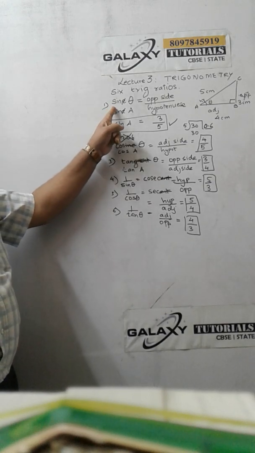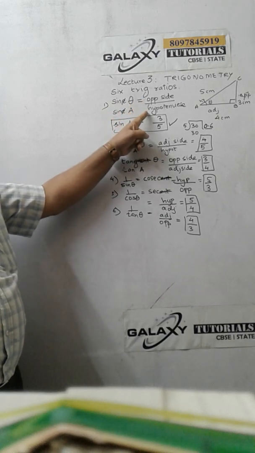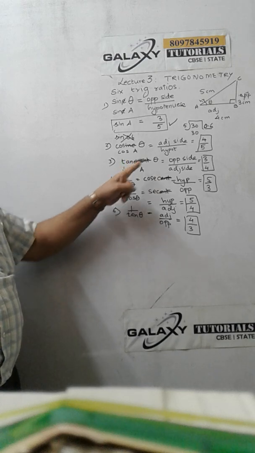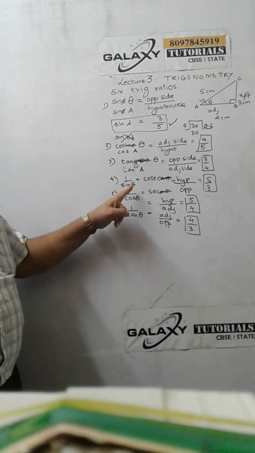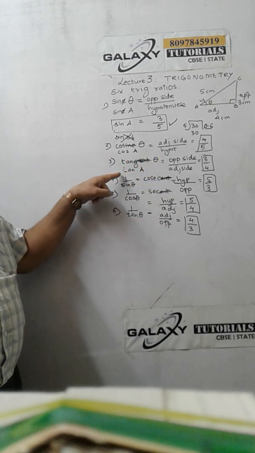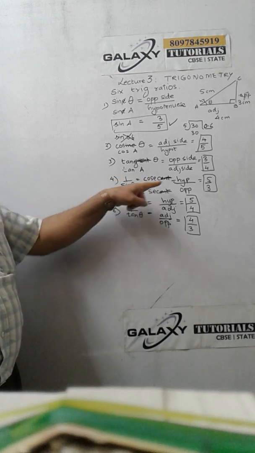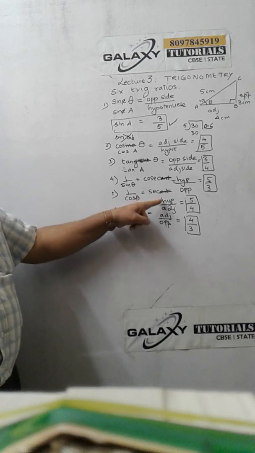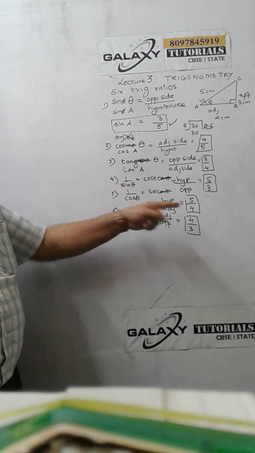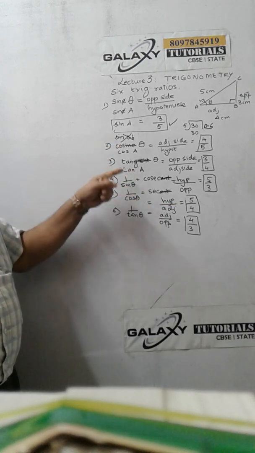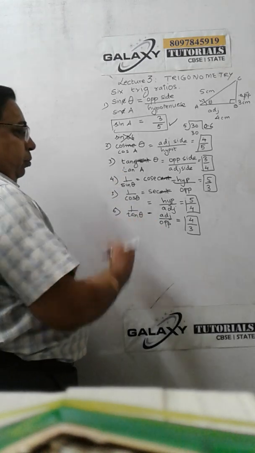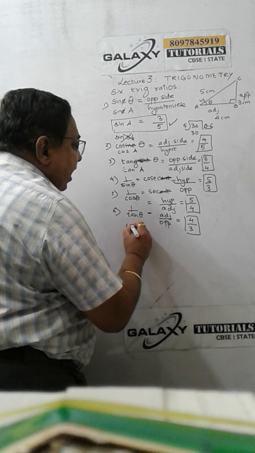Again I remind you, sine is always opposite upon hypotenuse, cos is always adjacent upon hypotenuse, tan is opposite upon adjacent. When I invert the 3, 1 upon sine will be cosec, hypotenuse upon opposite. When I invert cos, I will have hypotenuse upon adjacent, and of course the number is the same. And when I invert tan, I will get cotangent.